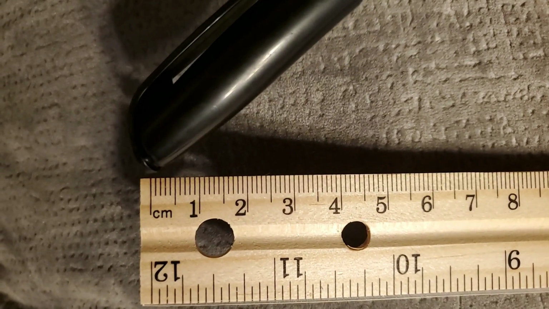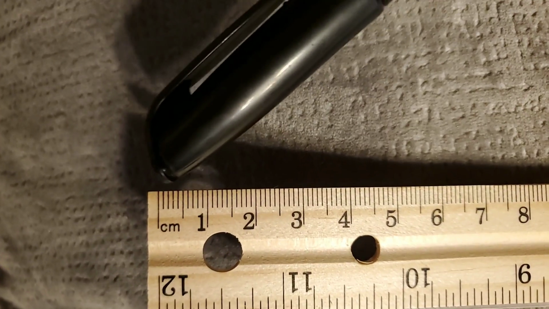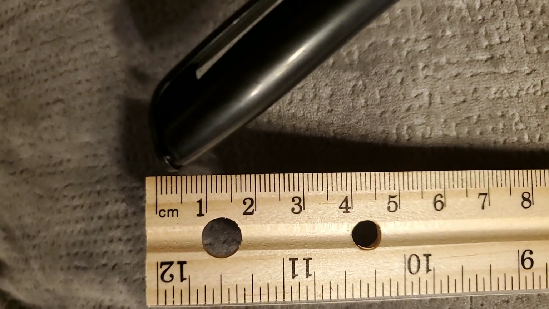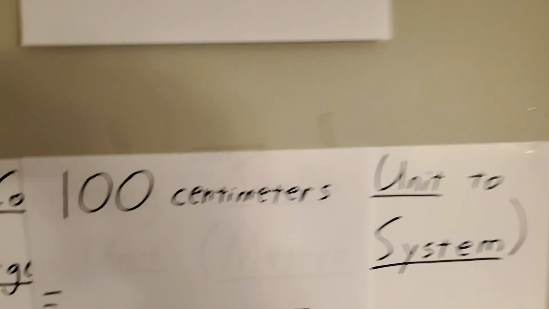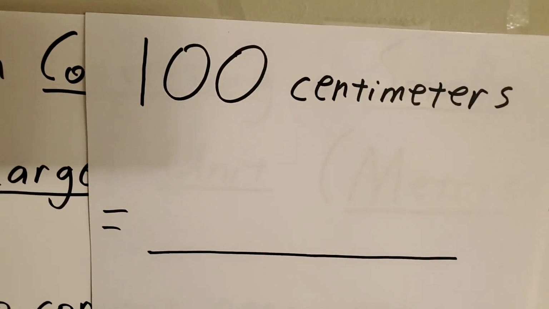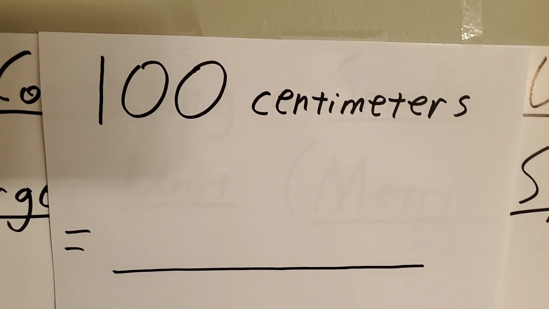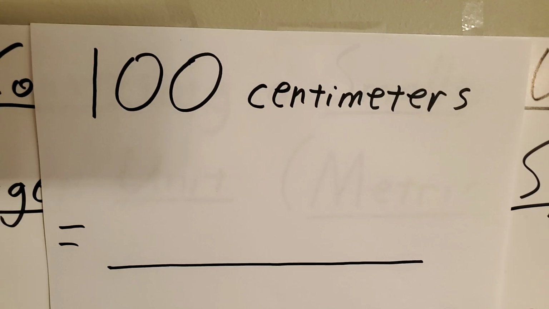This is a centimeter. Now, let's say this is a whole centimeter. What if I was to take 100 of these and put them together? What will I have if I take 100 centimeters and put them together? If you've got a phone, you can even look it up.